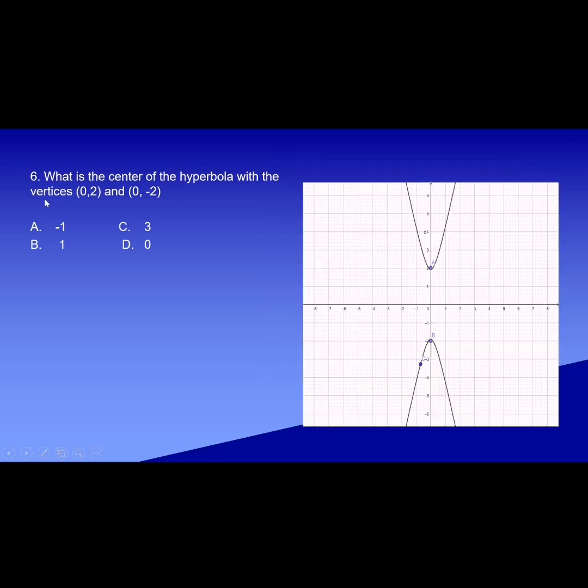So kung i-plot natin sa ating graph, so (0, 2) dyan along the positive y-axis, the other point is below the x-axis. So we are interested in the center of the hyperbola. So the center here is at the origin, so center is 0. The answer is D.